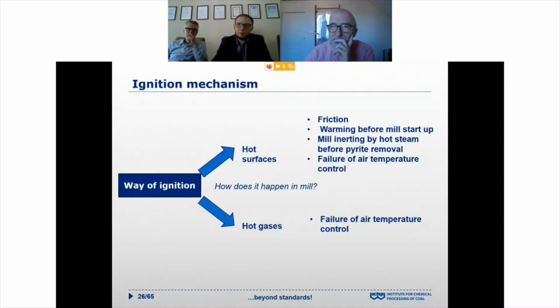Before mill startup, we have to heat up the mill to increase the temperature inside the mill. The other, already explained, is the inerting of the mill by hot steam before a period removal. But also if some failure of the air temperature control exists, we can unexpectedly increase the temperature inside the mill.